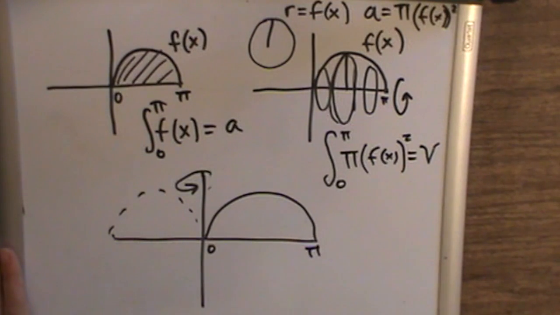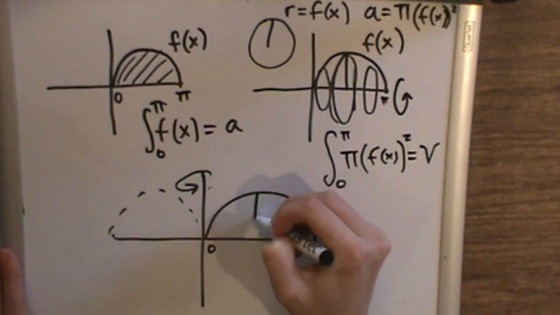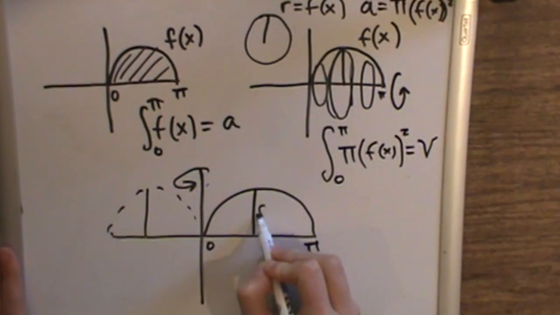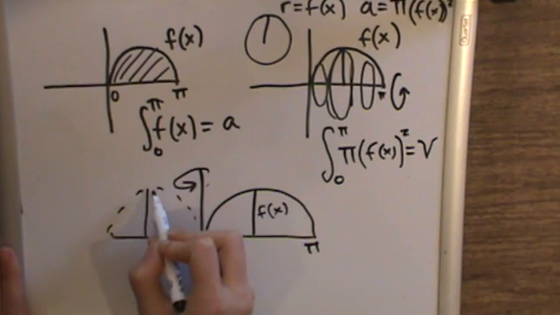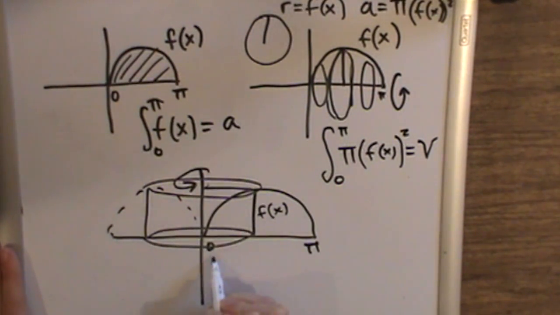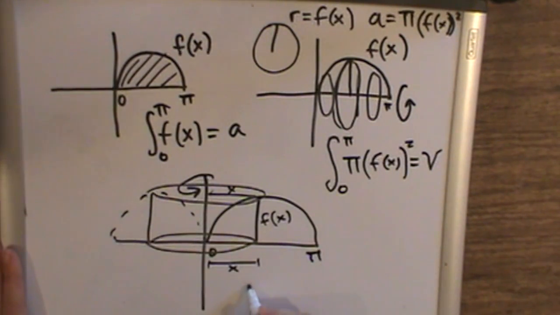So, to use cylinders to find this volume, they would have a height that is equal to the function, and a radius that is equal to the x value of that function. We're only interested in using the outside wall of this cylinder, which is given by a surface area that is equal to 2 pi r times h.